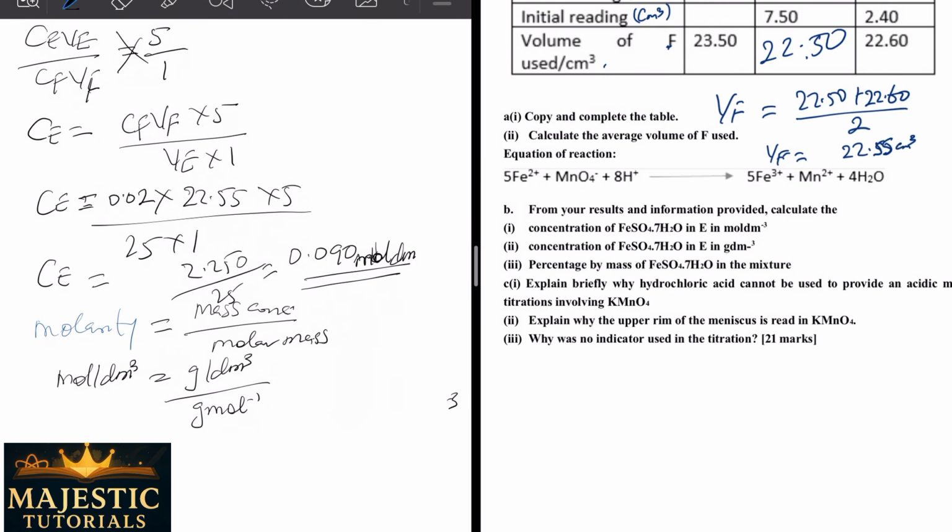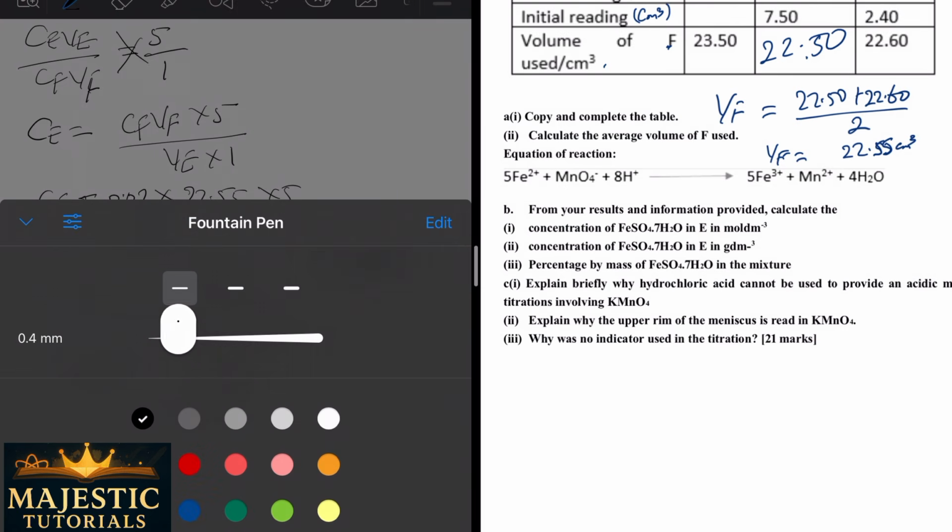Iron is 56, but in the exam they will give it to you. What am I doing now? I'm determining the molar mass of iron 2 tetraoxosulfate 6.